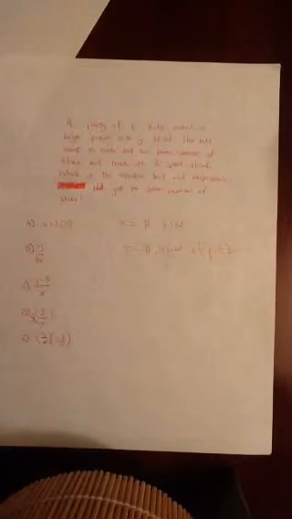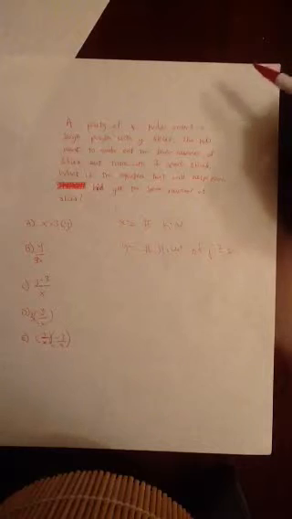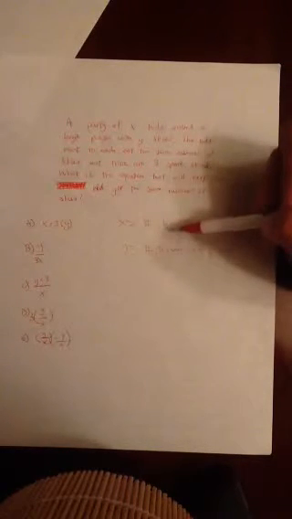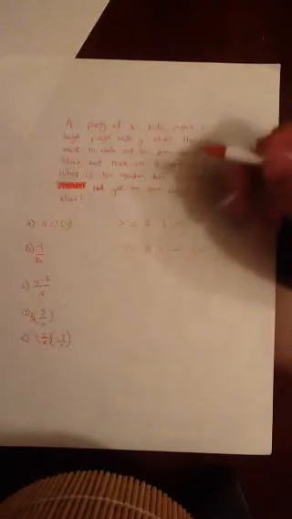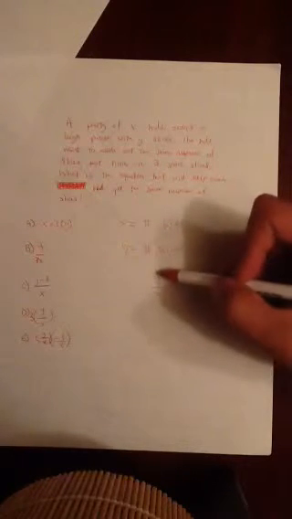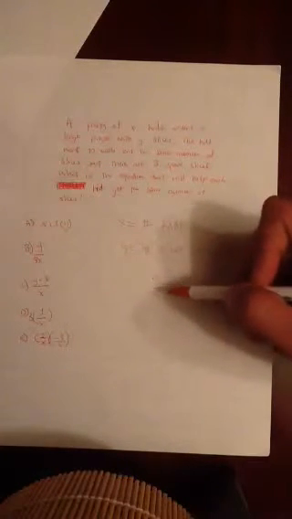So right away again, you can tell that we are dividing the number of slices of pizza by kids. So you do Y divided by X. So Y over X. The equation will involve something with Y over X.